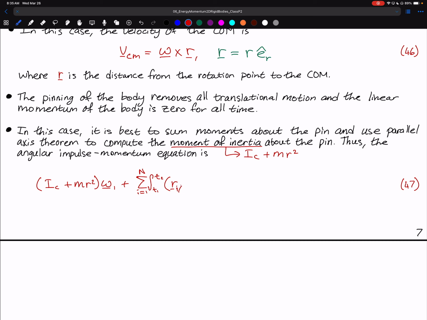In fact, actually we'll use O for the origin, because you're generally going to put your coordinate system origin at that pin position, crossed with F_i. So that is the moments produced by any forces acting on the rigid body, dt, plus the summation i equals 1 to P of the integral from t1 to t2 of the moments M_i dt, and then this is equal to (I_C plus m r squared) times omega 2.